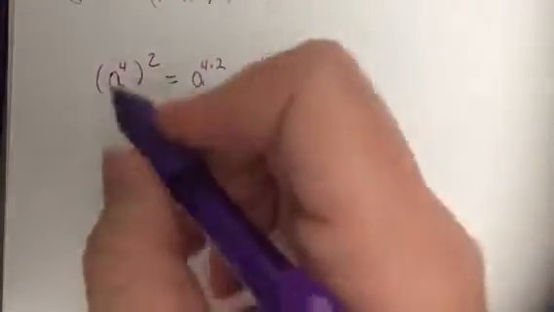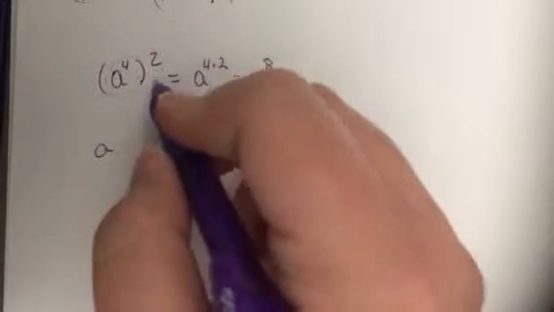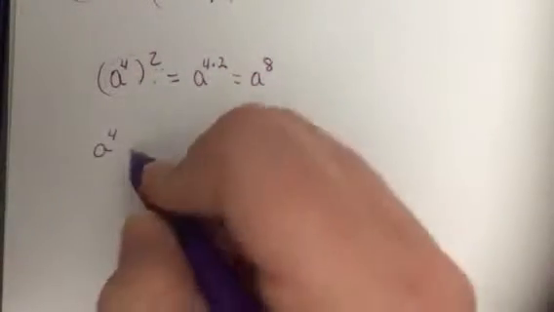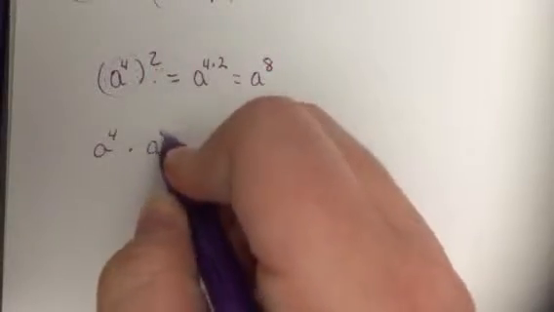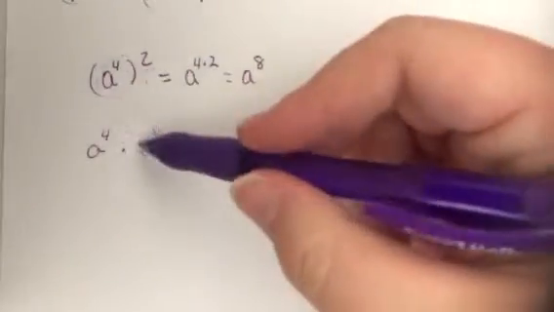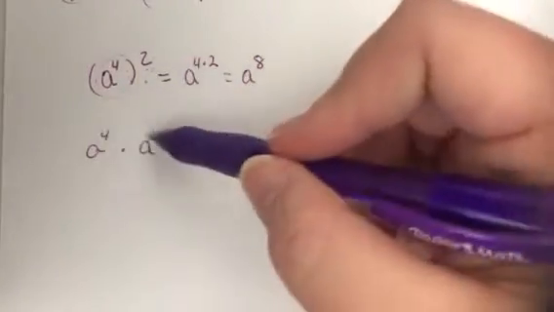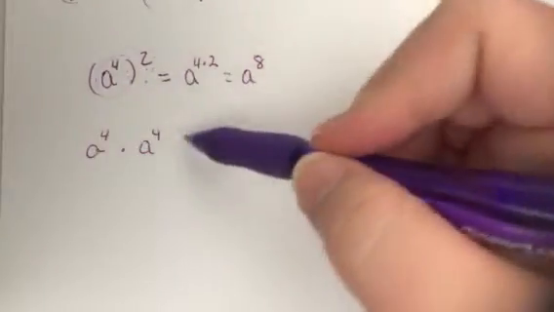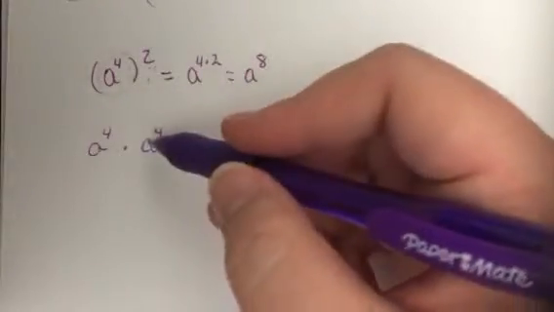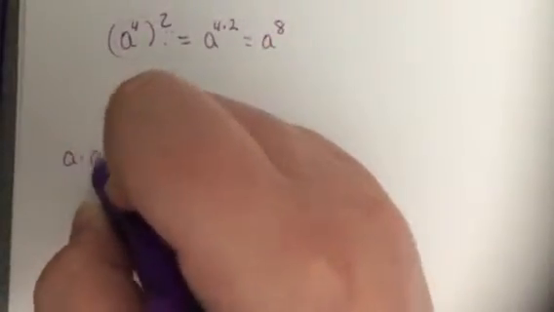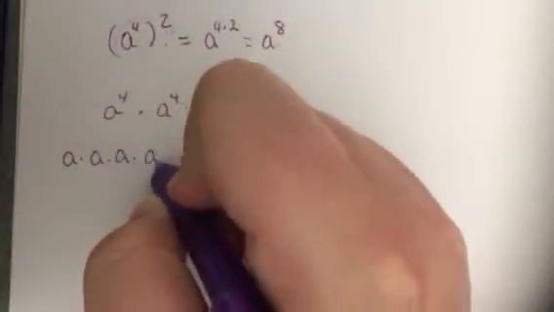Writing this out in expanded form, anytime you square something, you're multiplying it by itself. So that's the same thing as saying a to the 4th times a to the 4th. Well, this is now written in the form of your product property, so you could now add these two exponents. 4 plus 4 is 8. If we break this down even further, a to the 4th is just 4 a's: a times a times a times a.